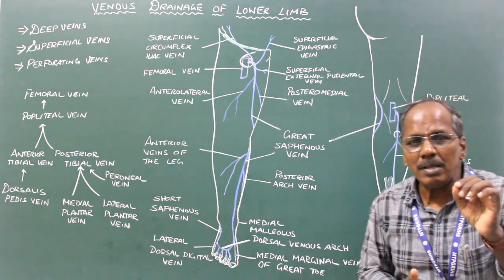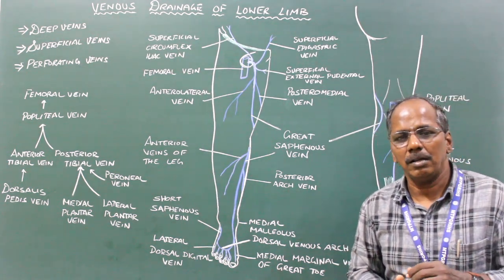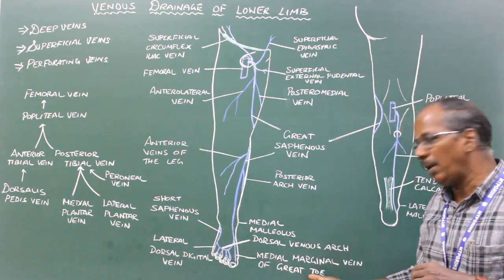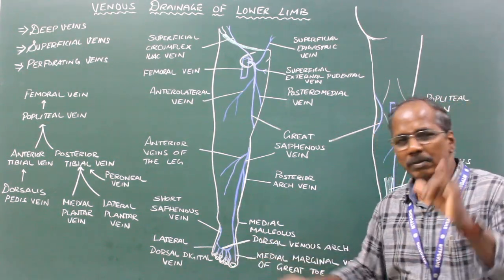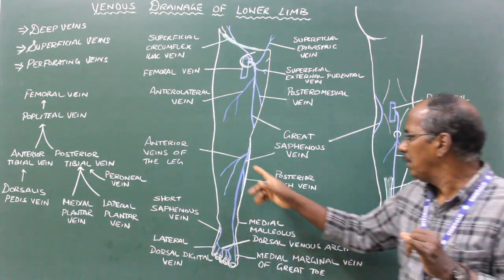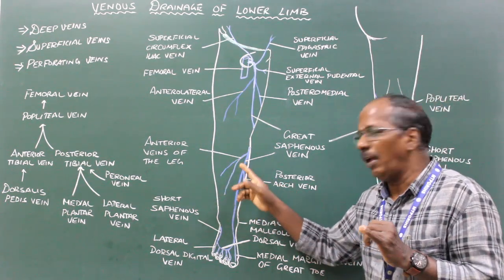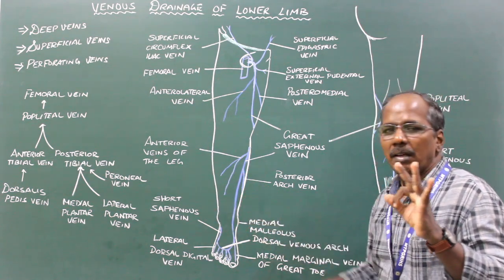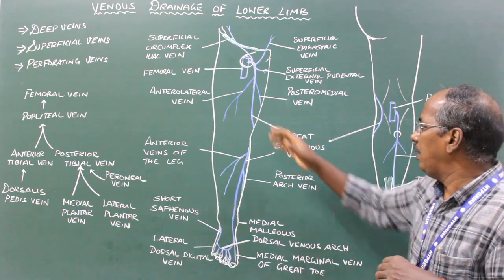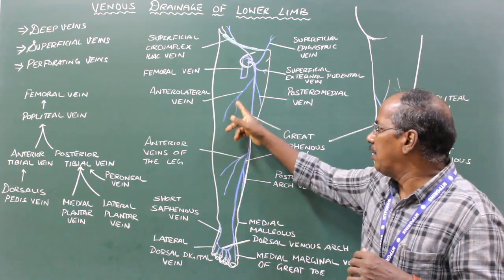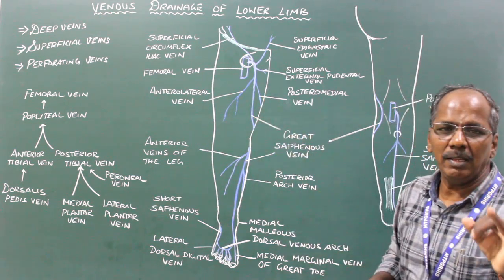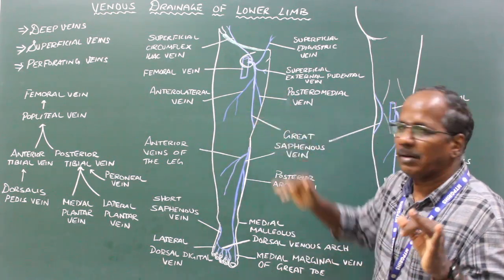Tributaries. The tributaries of the great saphenous vein are: number one, medial marginal vein of the great toe in the dorsum of the foot. Number two, anterior vein of the leg and posterior arch vein in the leg. And in the thigh, you have anterolateral vein of the thigh and posteromedial vein of the thigh in the middle part of the thigh.